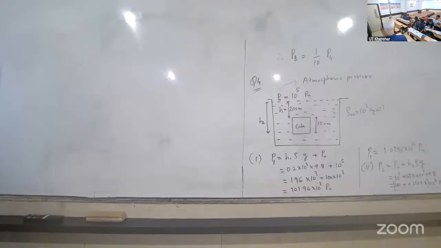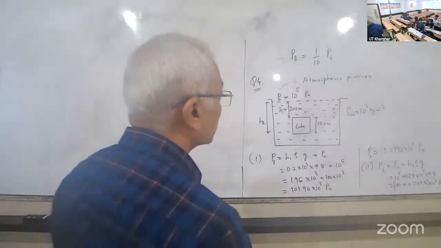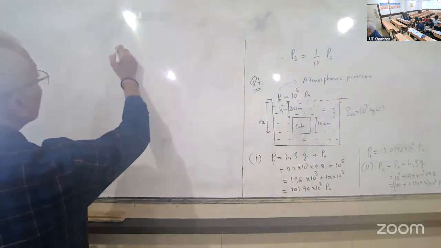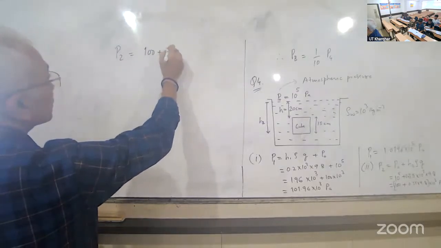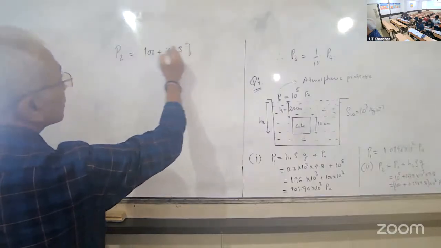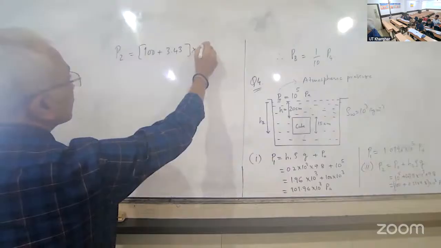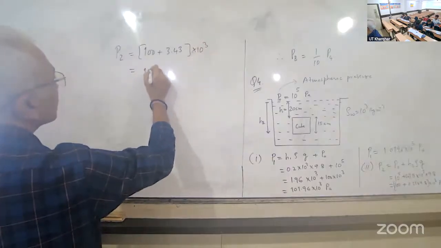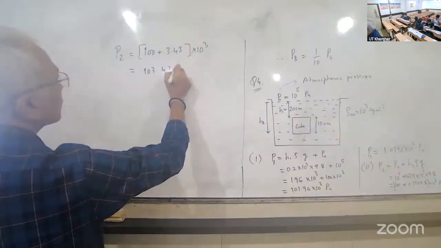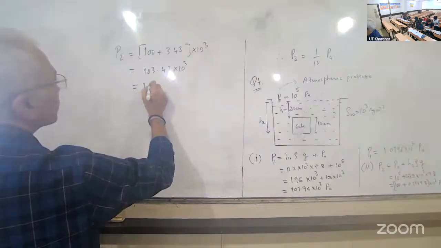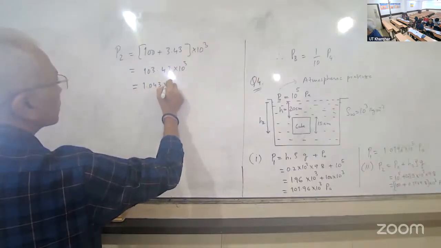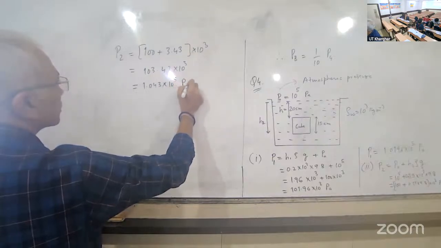Point 35, 3.43. So you will get P2 is equal to 100 plus 3.43, 103.35. This is what you get.